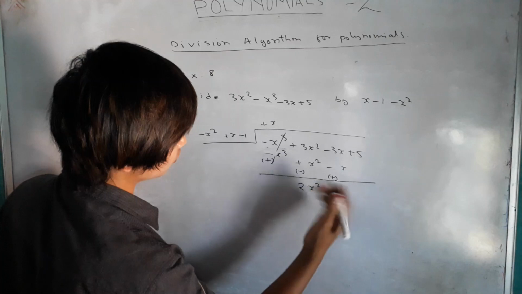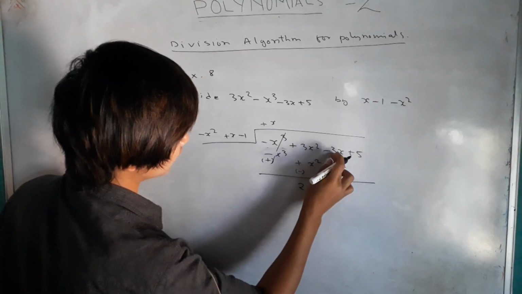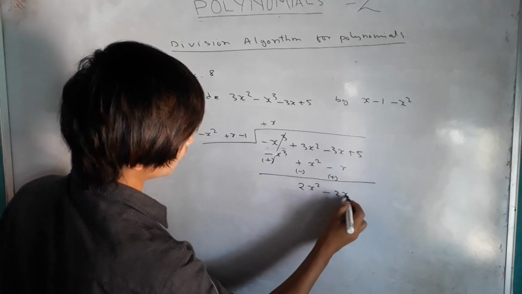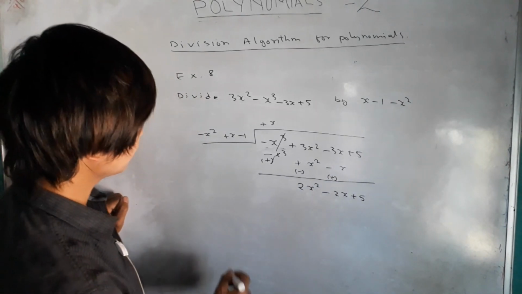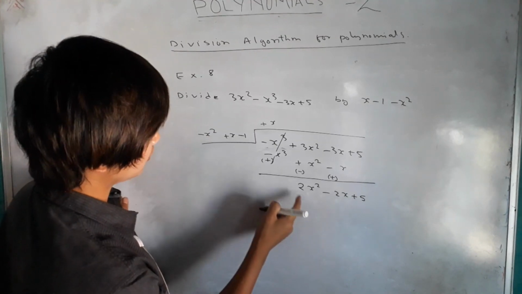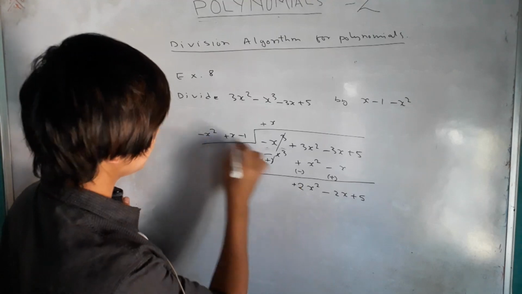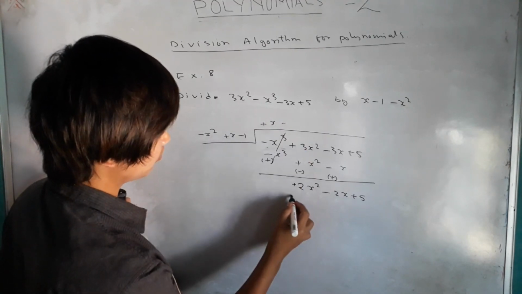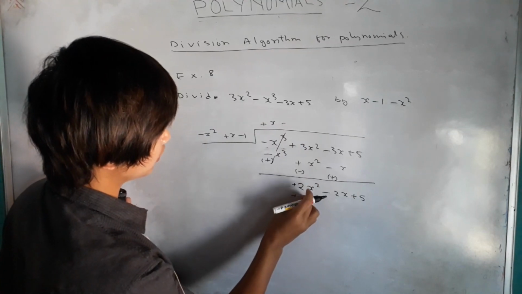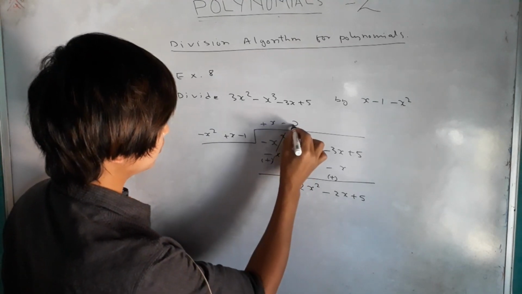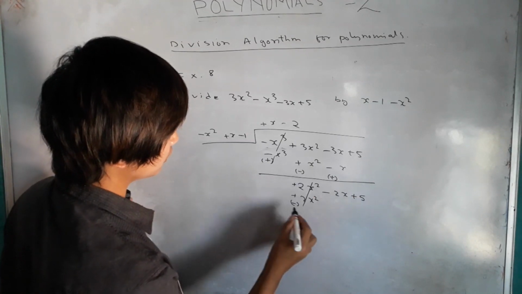Minus into plus, it will be minus, but the bigger sign is negative, so I'll put the sign negative: 3 minus 1, 2x plus 5. These two terms are similar, so here is the plus sign, meaning I need to introduce a plus sign. So minus into minus, plus. How many x square? It will be 2x square. So opposite signs, it will cancel out.